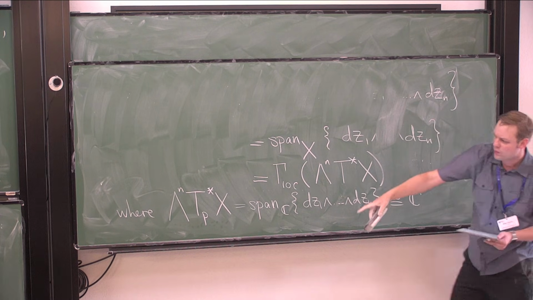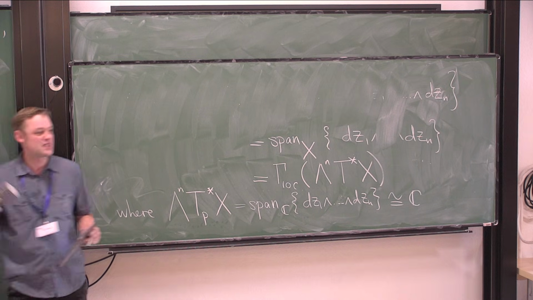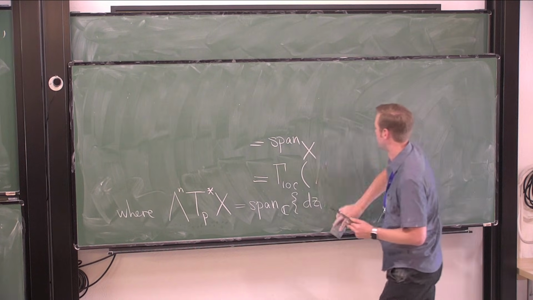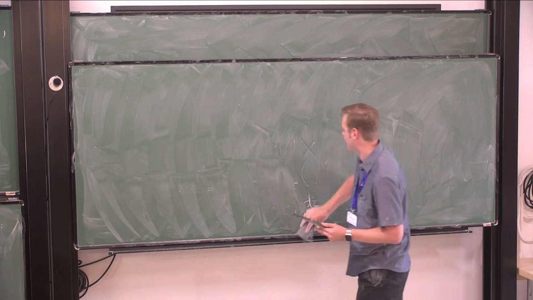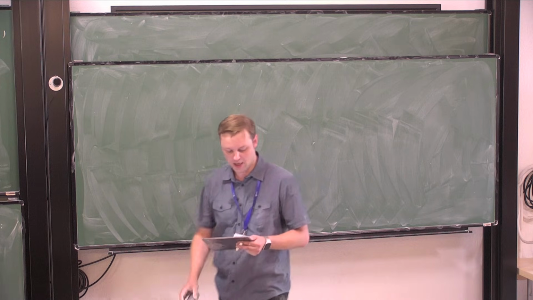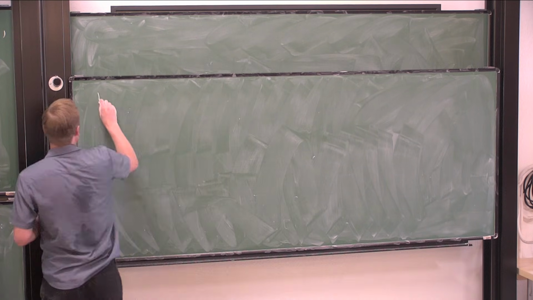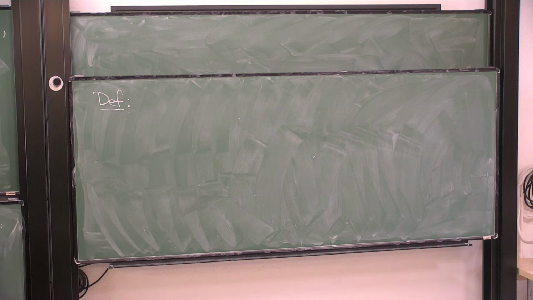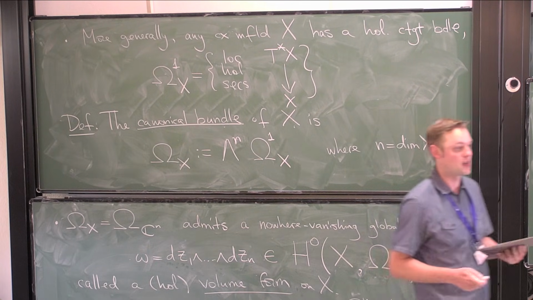As we saw with this calculation, the two volume forms are necessarily related by some global nowhere vanishing function. So that's an important property. And so for general complex manifolds, that is just not the case. It just doesn't happen, and we will see an example of this. But that does mean that there's an important subclass of complex manifolds which do have the property of having a global volume form.